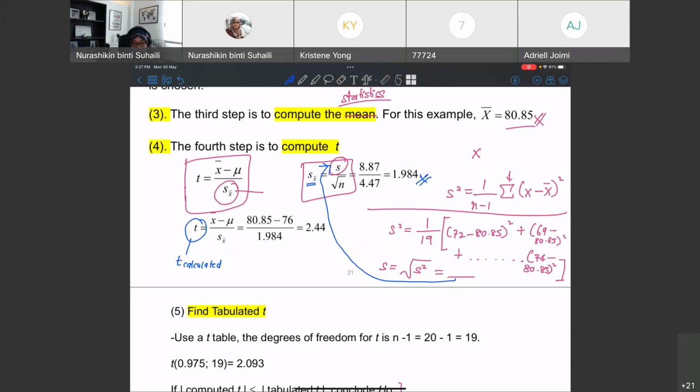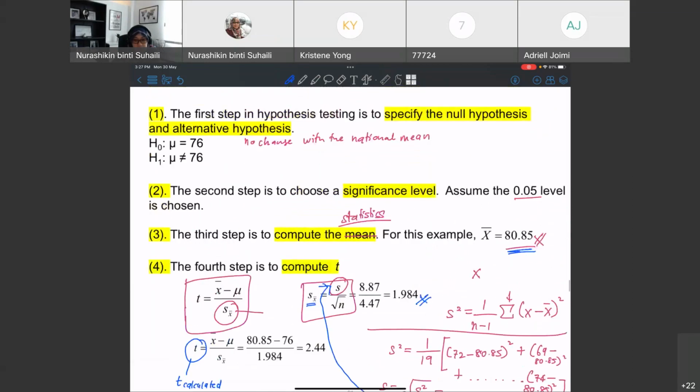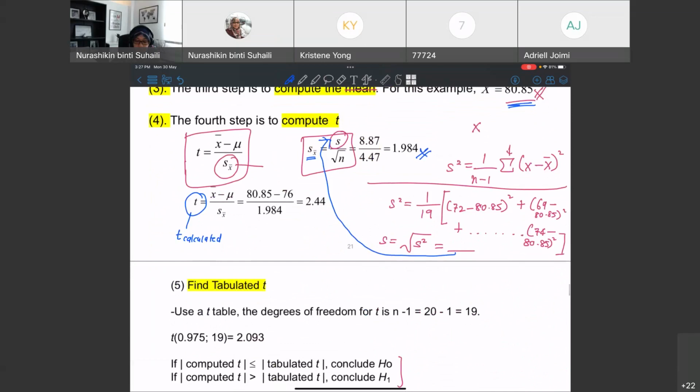Okay, so x bar, which is this one, 80.85 minus 76, the value of the population, 76 given in the question, and this one is the value here. So you get t calculated. This is t calculated.